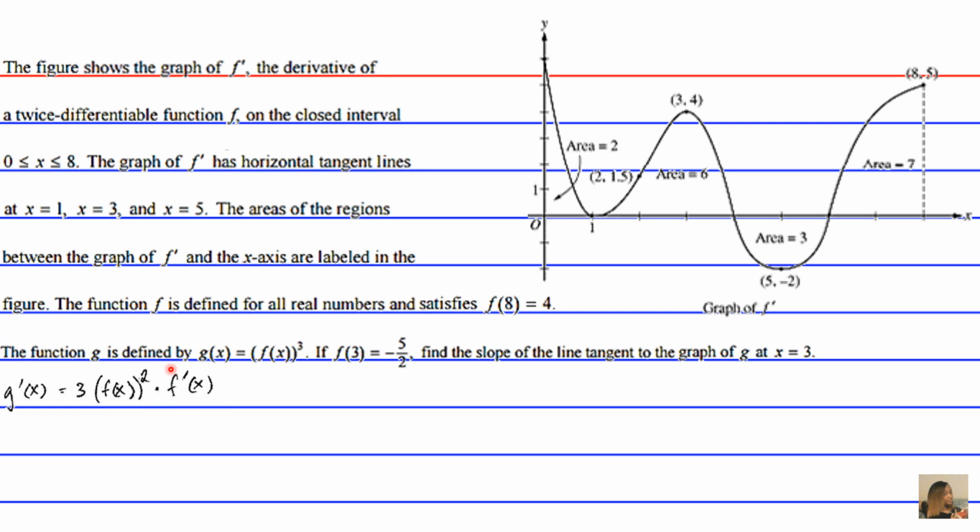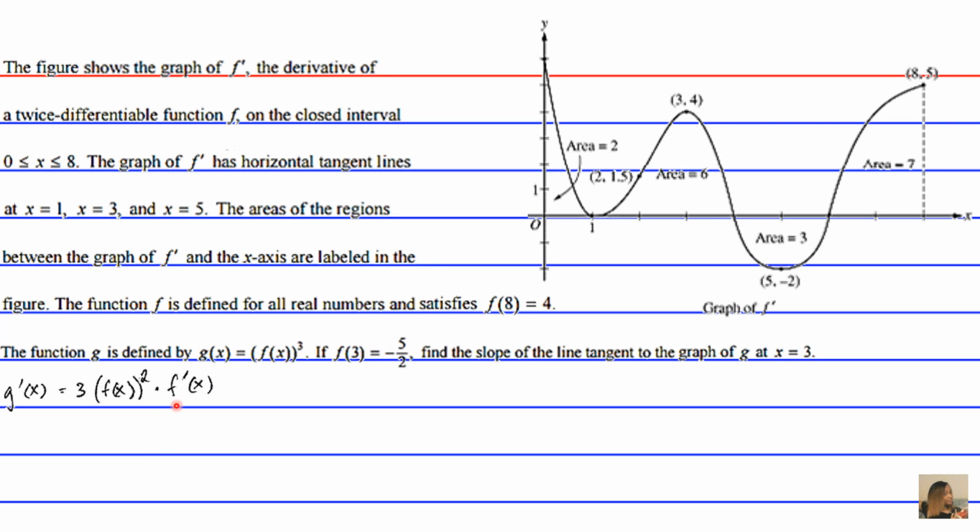So the derivative of u to the third is just going to be 3, and according to the power rule, raised to the n minus 1. So 3u to the second power, if we allow u to be our f of x. And then we take the derivative of u, f prime of x.